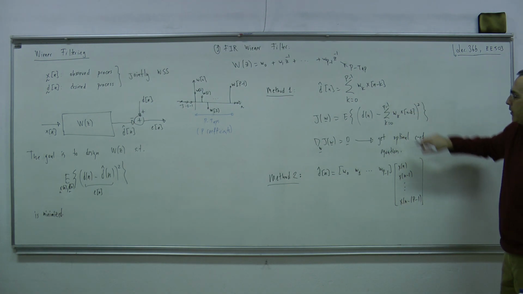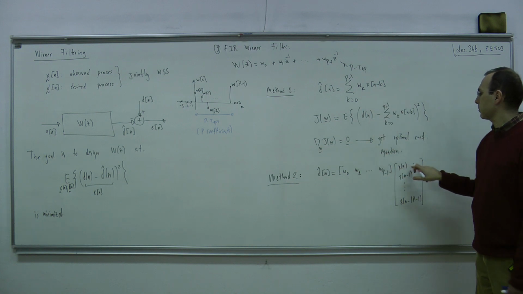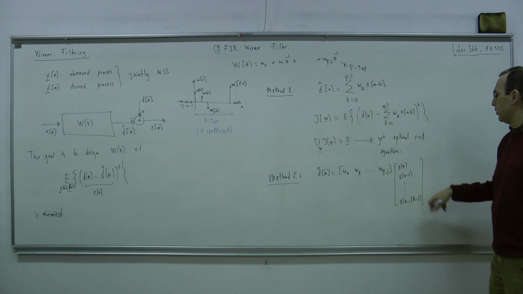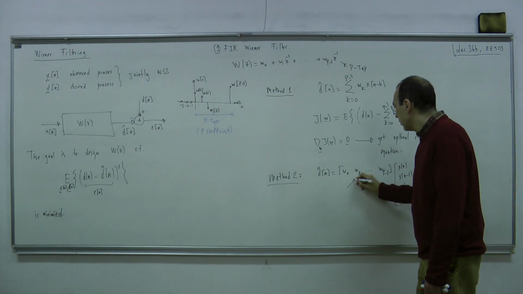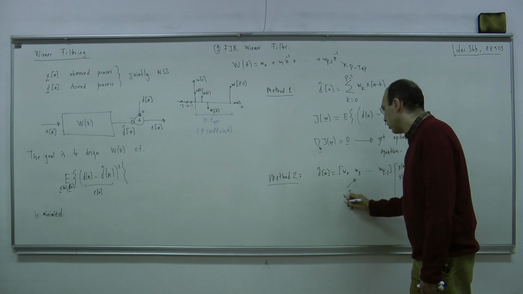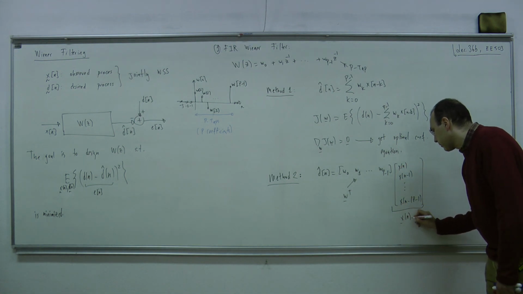So this and that, they're exactly the same: W0 times x(n), W1 times x(n-1), and so on. Let me call this vector W transpose, and let me call this vector x of n.